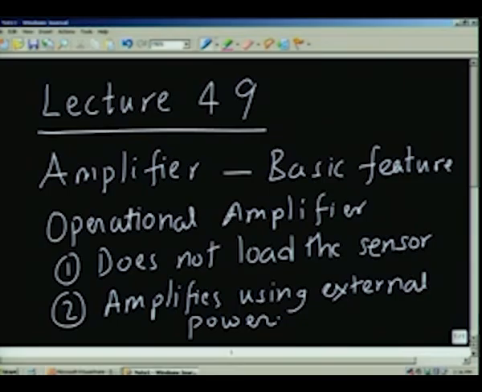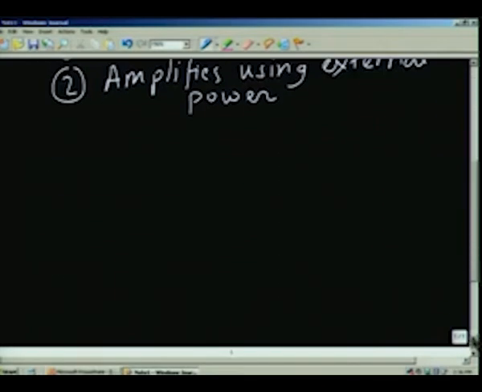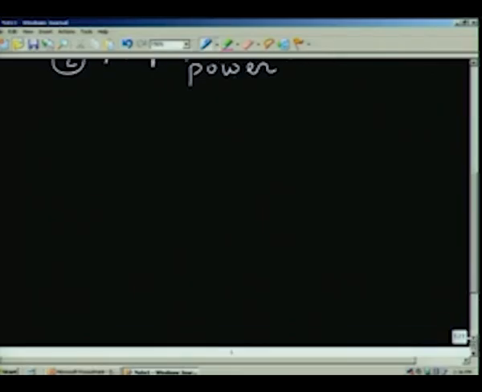And in fact, I can represent the amplifier in a very schematic way as follows. So, usually it is given by this triangle shaped symbol. This is the amplifier. We will call it the operational amplifier, op amp for short.